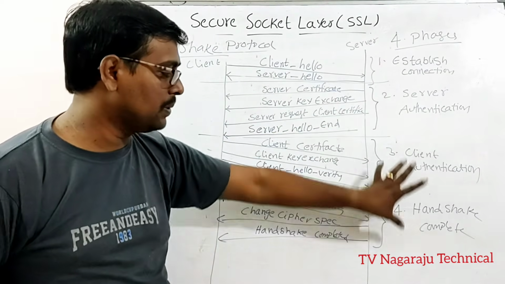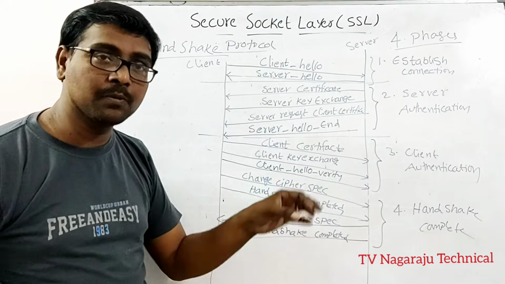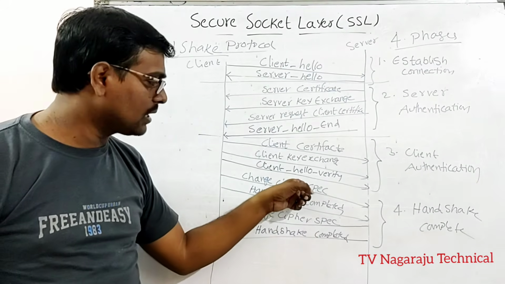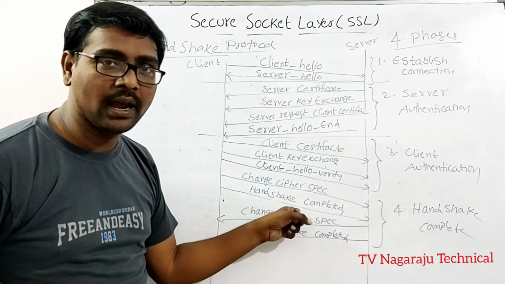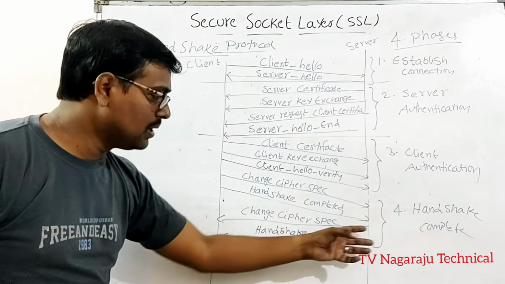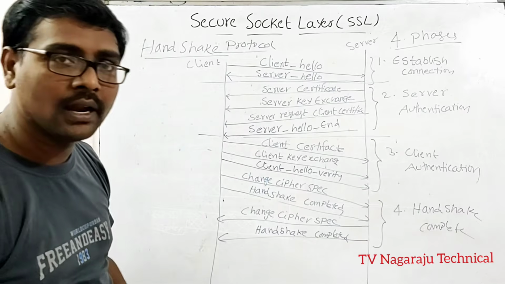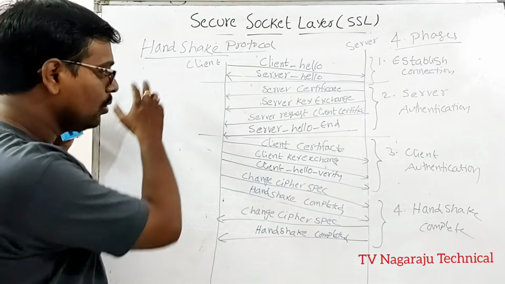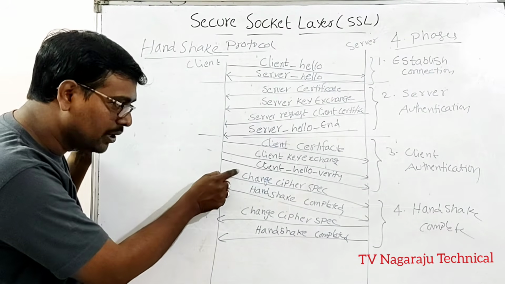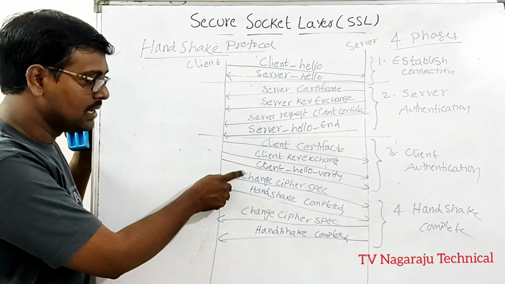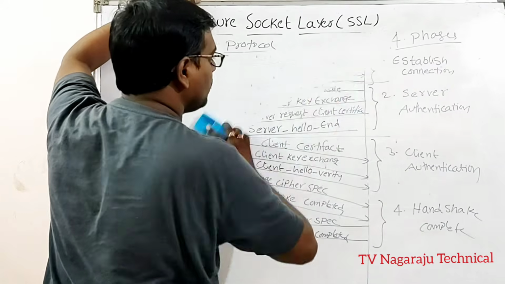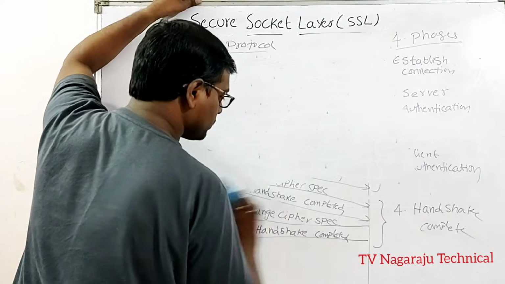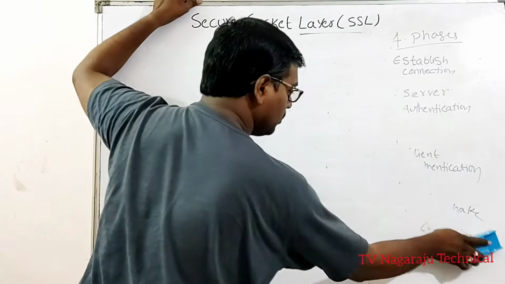Once this is completed, the Change Cipher Spec protocol is called. Why are you calling this? I will explain. After calling this, the handshake is completed. Similarly, from the server side also, the handshake is completed. Now, among all these things, you need to know this important one, the Change Cipher Spec protocol. I will explain it right now.